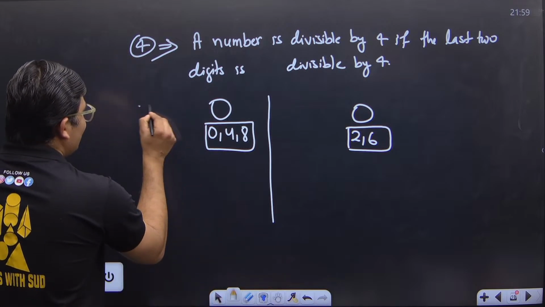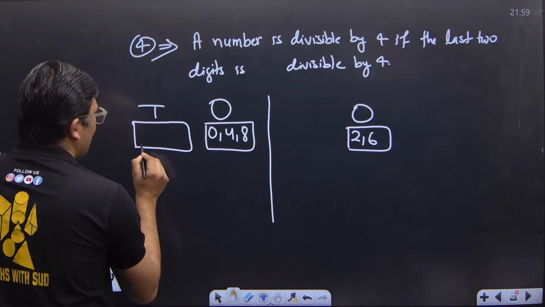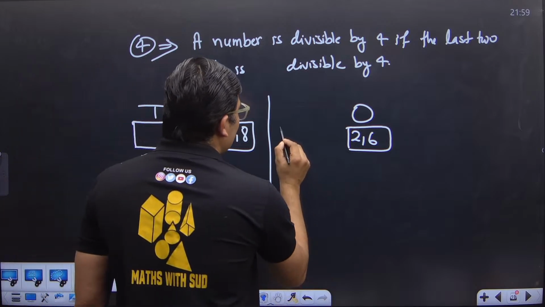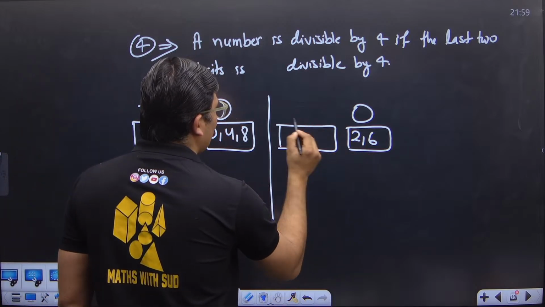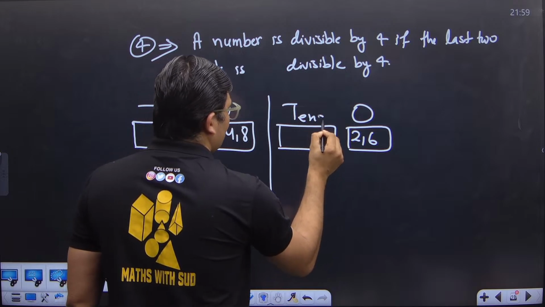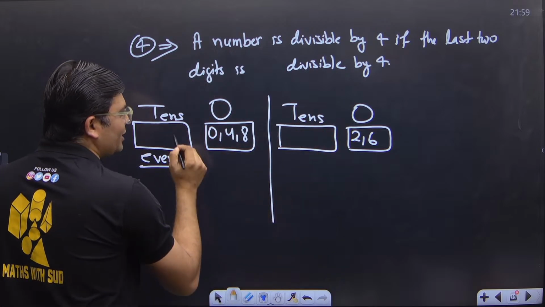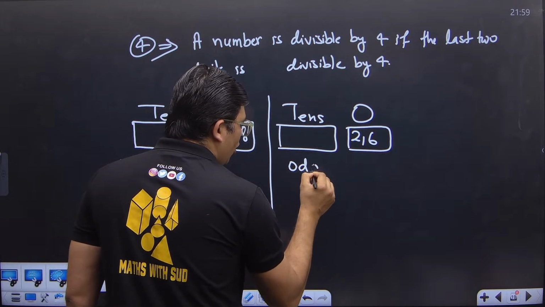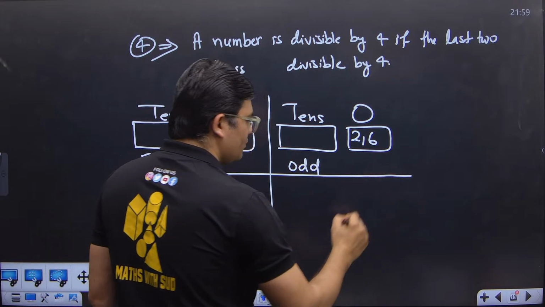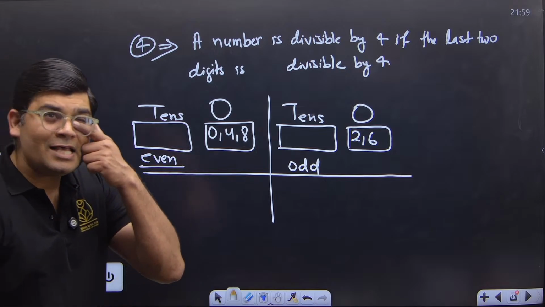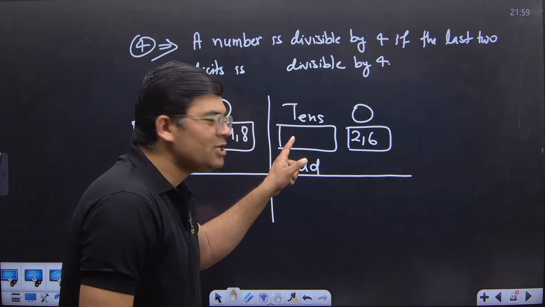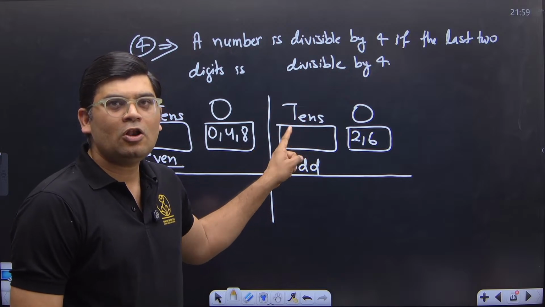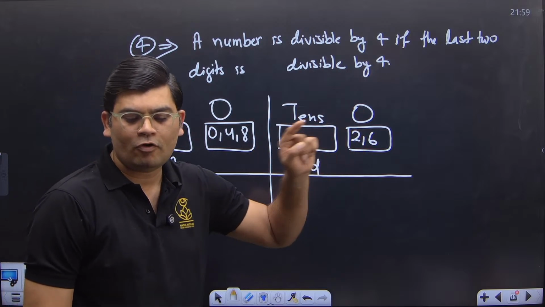Now the tens place of such numbers ending with 0, 4 and 8 must be an even number, and the tens place of such numbers ending with 2 and 6 must be an odd number. You will not get this trick anywhere else. So this is created by me only. So if I ask you, what could be the lowest number I can put here so that it is divisible by 4?